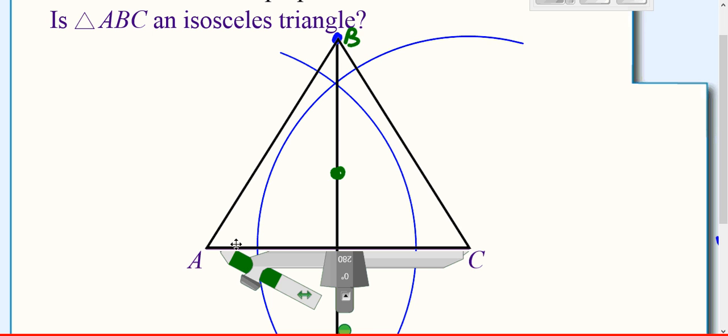The bottom is longer though. AC is a little bit longer the way I drew it. Maybe your AC is a little bit smaller. I don't know. But these two sides are congruent. We just measured them with our compass. We stretched it out. They're the same length. So is it isosceles? Yes. This is how you construct an isosceles triangle.